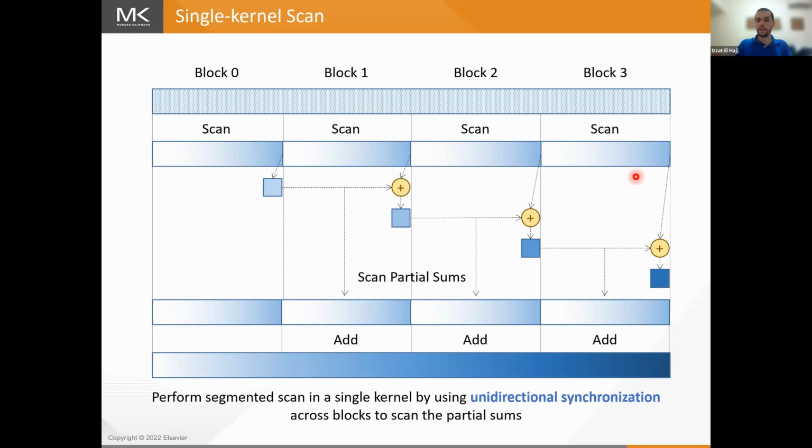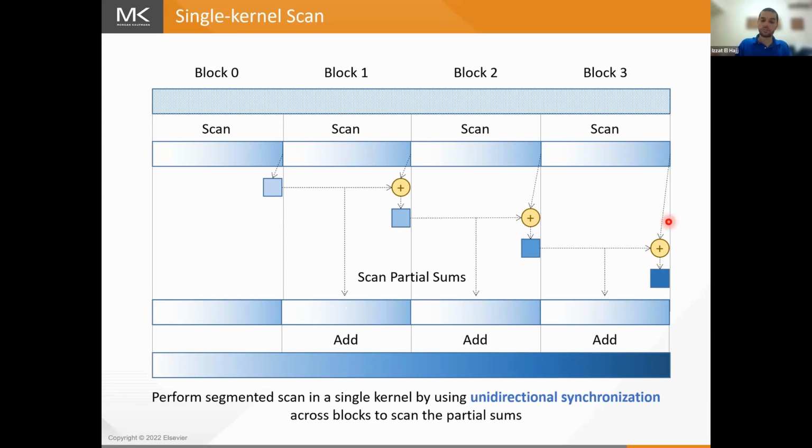For example, here, if block 3 comes and it finds out that the sum of block 2 and block 1 and block 0 is not ready, but it finds out that block 2's partial sum is ready and block 1's partial sum is ready and block 0's partial sum is ready, instead of block 3 waiting for block 2 to wait for block 1 to wait for block 0, which creates the serialization, what block 3 can do is go and get the partial sums of block 2, block 1, and block 0 and add them together itself, and then go on and continue with its add operation.